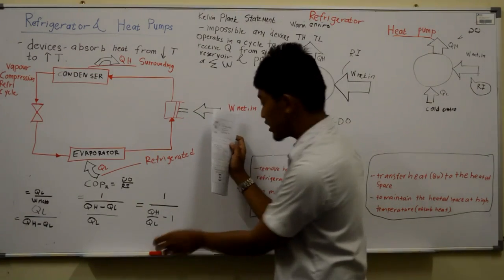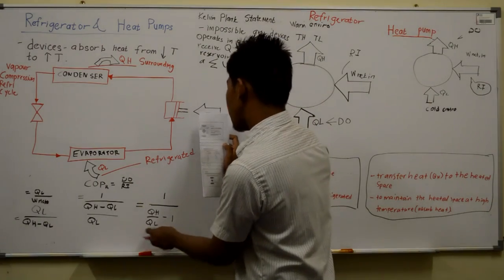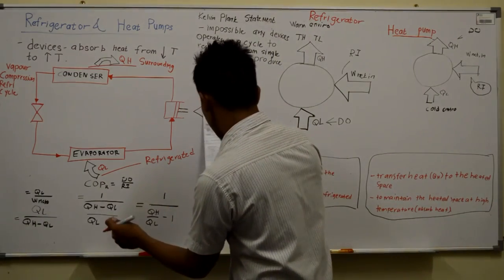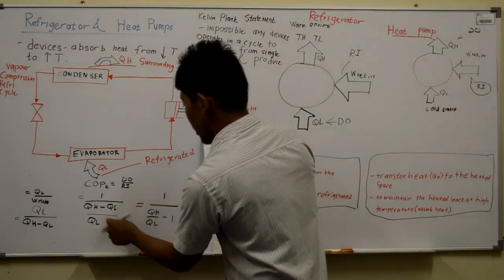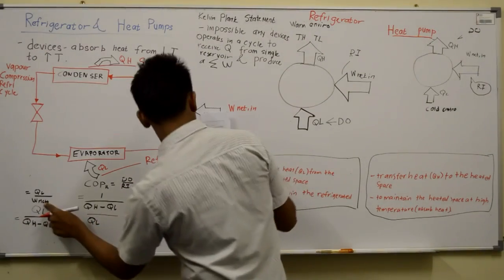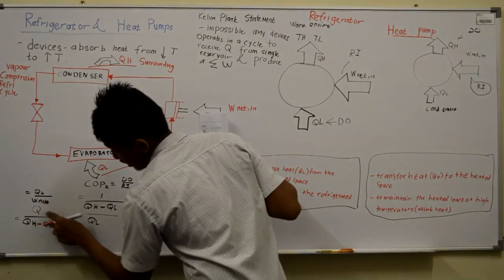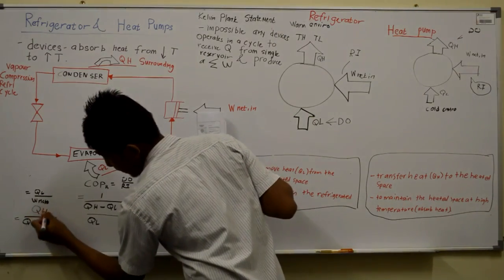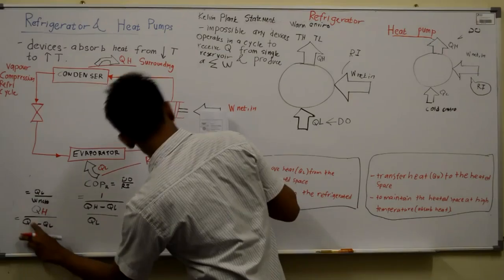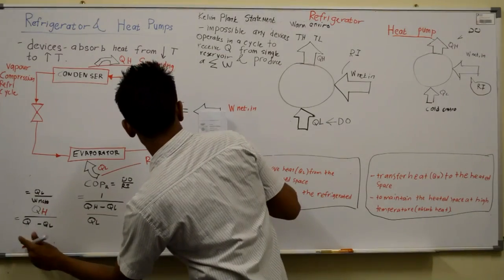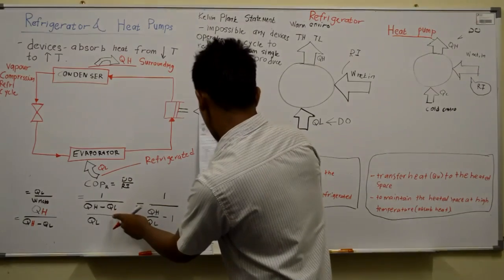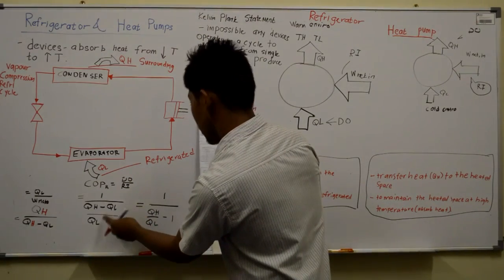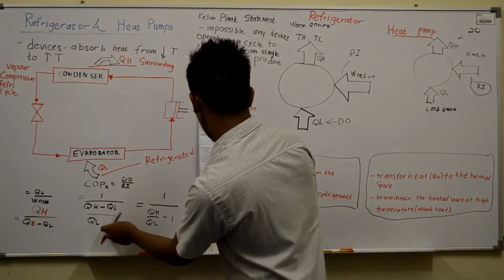This is for refrigerator cases, but for the heat pump cases, we have to change at QH minus QL, and this we have to change at this part, QH at this part, and then QH also minus QL, and this part minus QL.